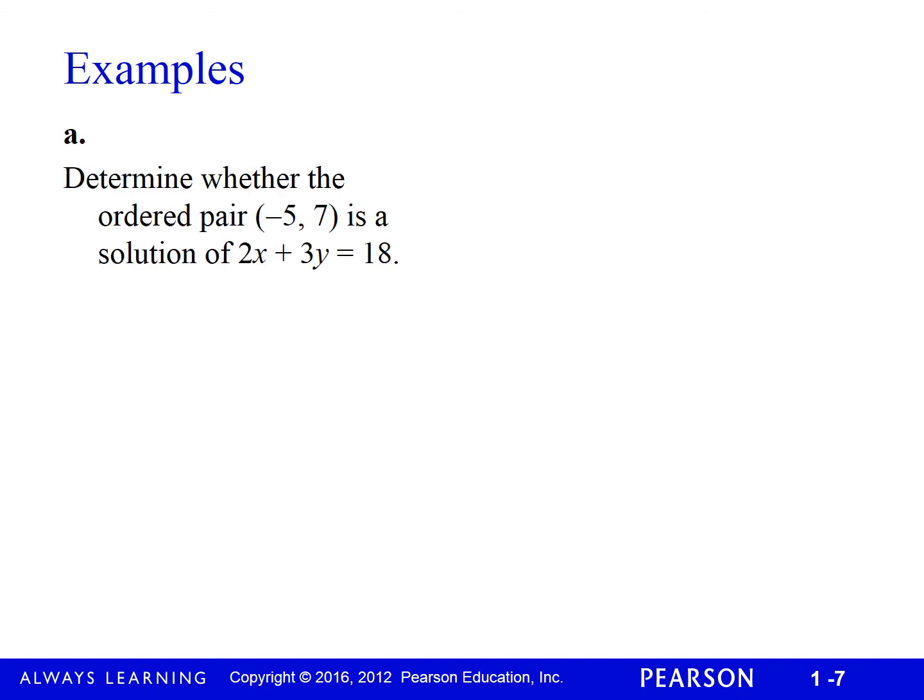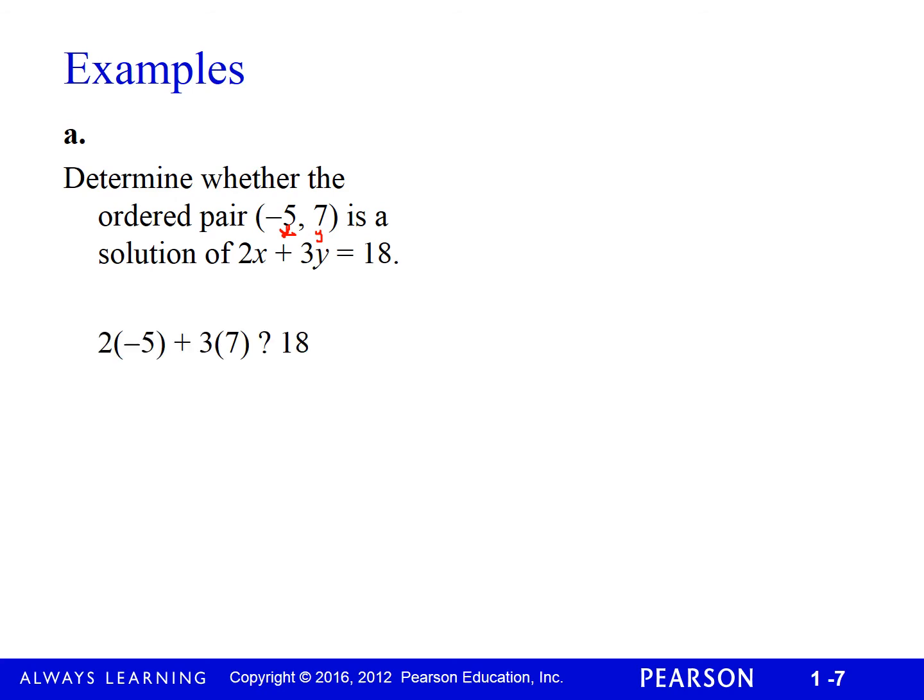Example. Is the ordered pair negative 5, 7 a solution of 2x plus 3y equals 18? Well, of course, what we're going to do is just plug it in. That's the x, that's the y. Throw negative 5 in there for x, 7 in there for y.